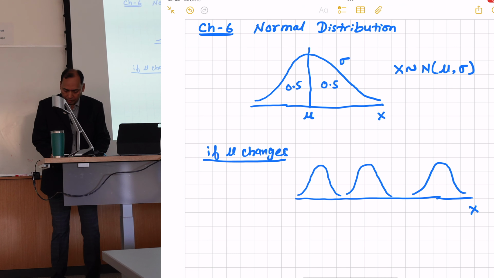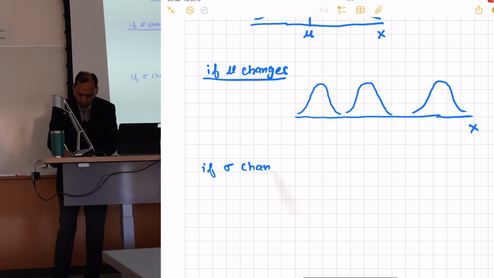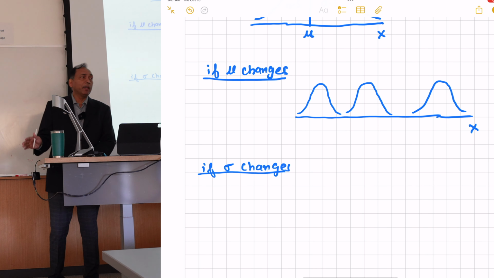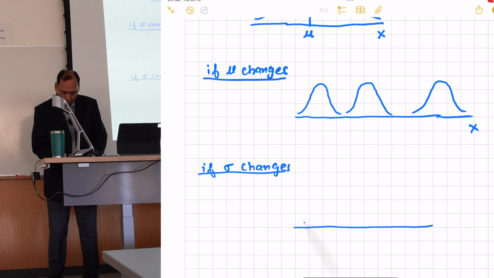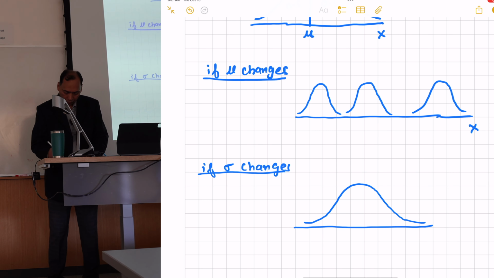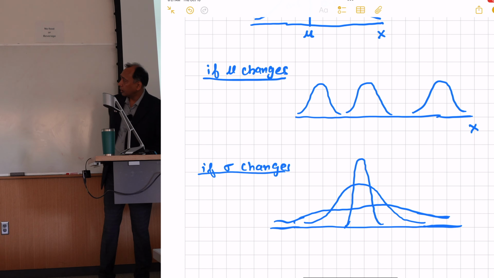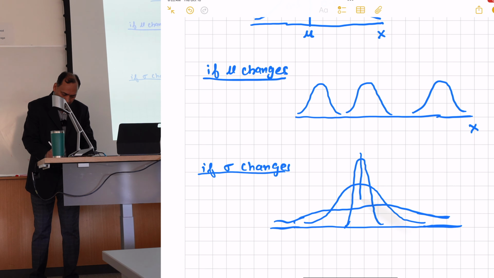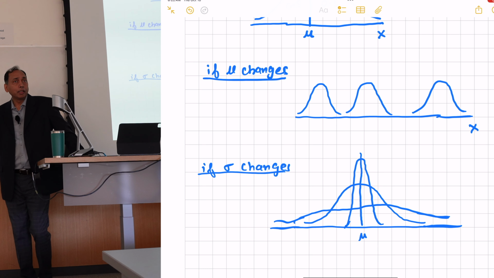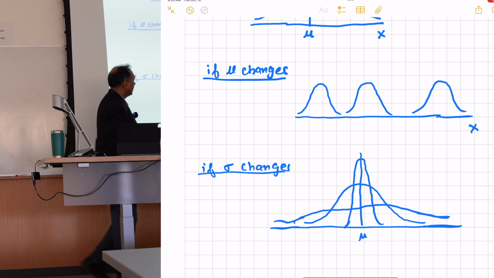If sigma changes, assuming mu remains the same, then you may have something like this, where you have normal distributions of different shapes, but overall they have their peaks in the middle. I'm trying to draw the same mean but different variabilities.